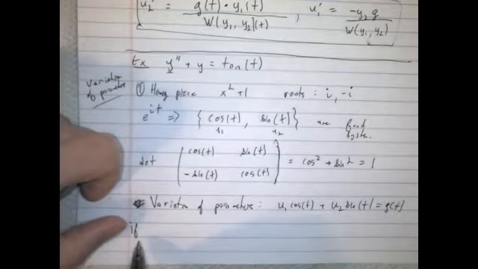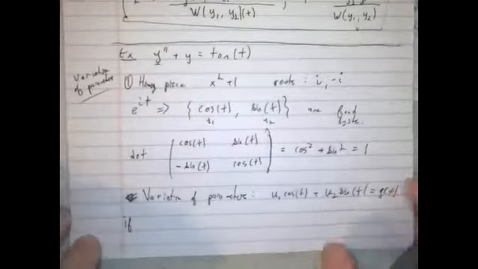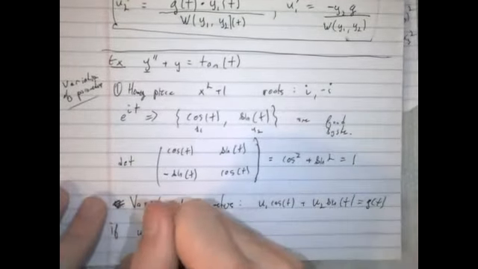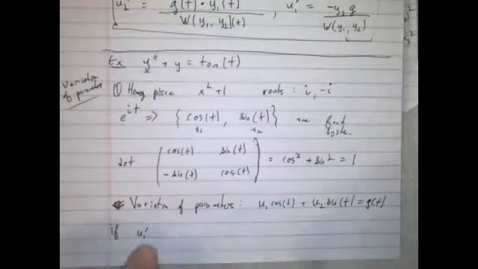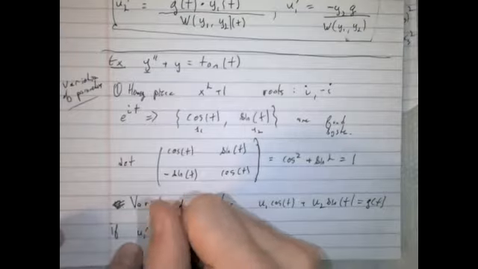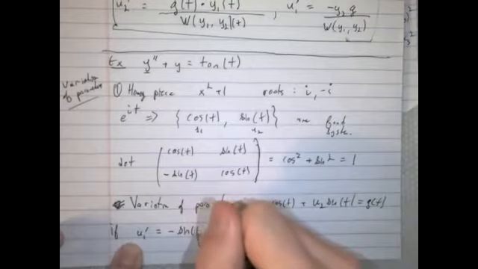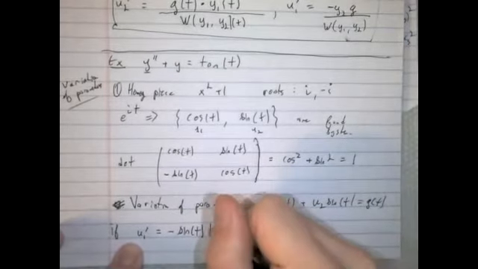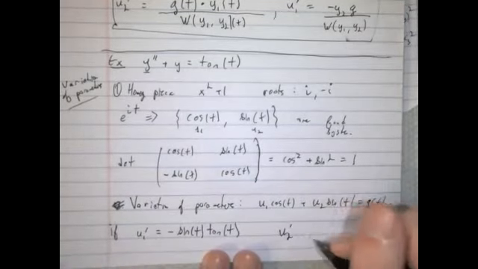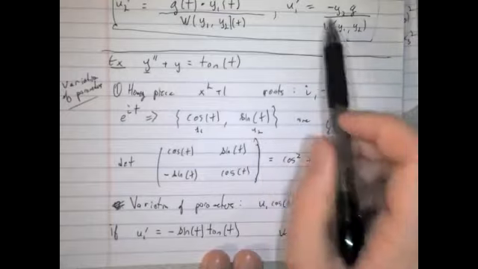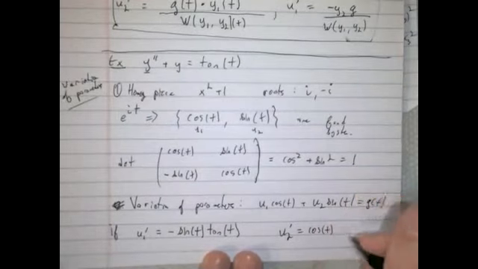This option is the option that I get because of the assumption star. So what I need to require is that u1 prime is equal to this thing and u2 prime is equal to this thing. In particular, u1 prime should be equal to negative sine of t times tangent of t, and u2 prime should be equal to cosine of t times tangent of t.